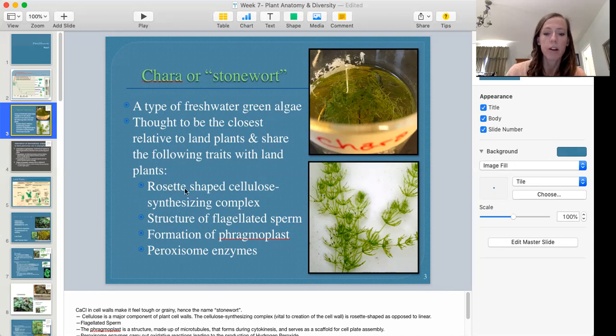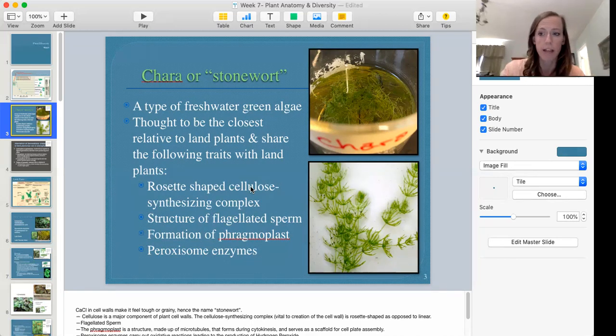There is a complex that is used in plants to produce cellulose, which is a major component of the cell walls in plants. Sometimes this complex takes on a rosette-shaped appearance, so a circular or round arrangement. And other times it's linear.